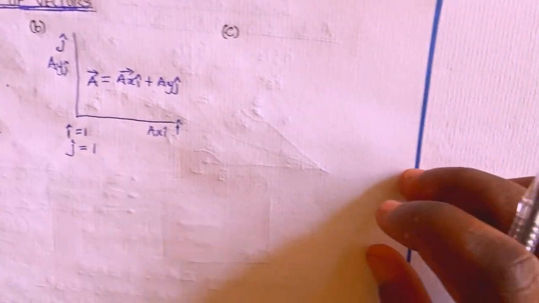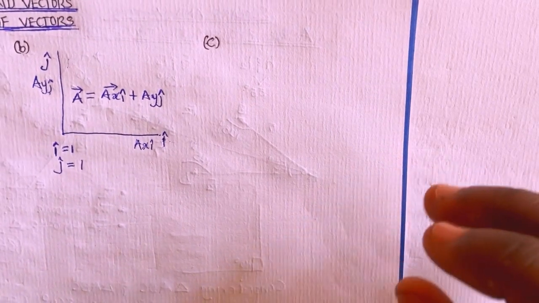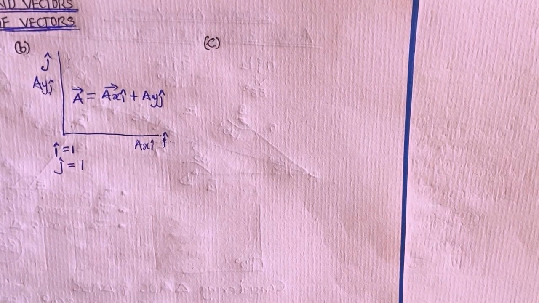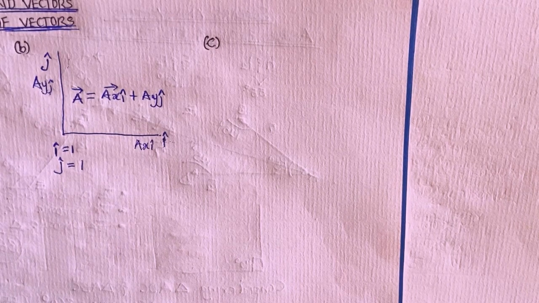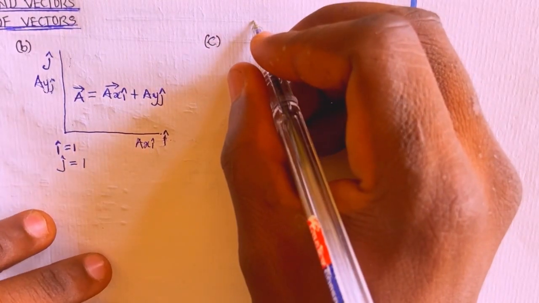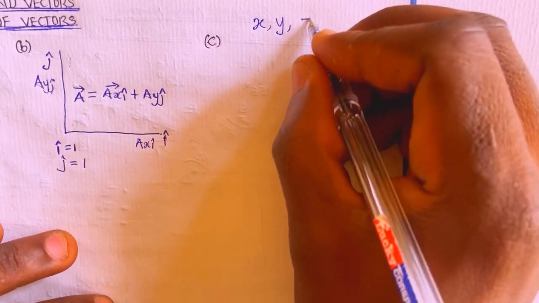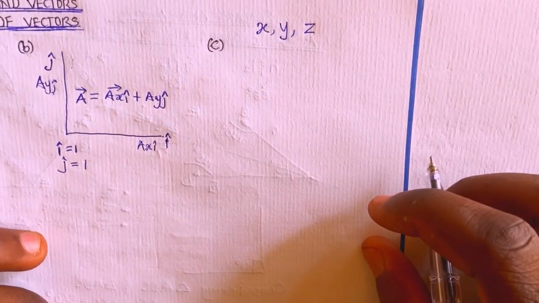Then let's say we have the third diagram in this case. This third diagram, I'm going to use it in three directions. That is, I will represent it as three components of vector, which is x component, y component, and z component, right?